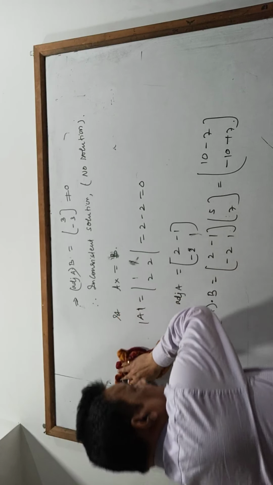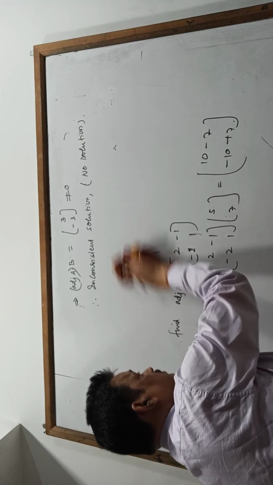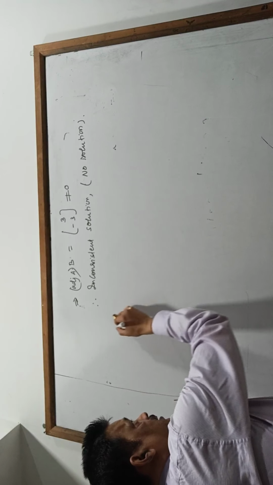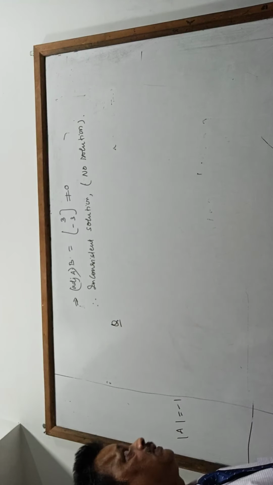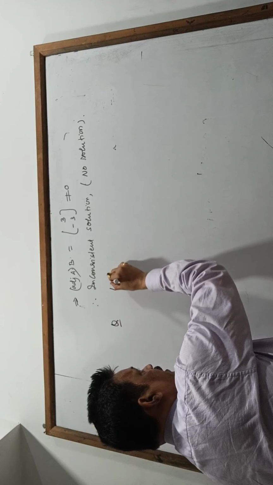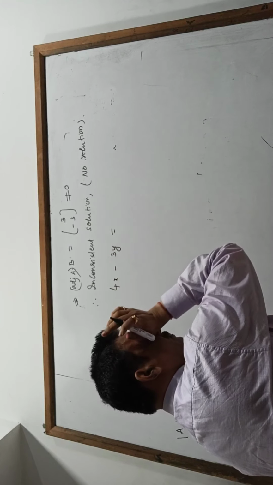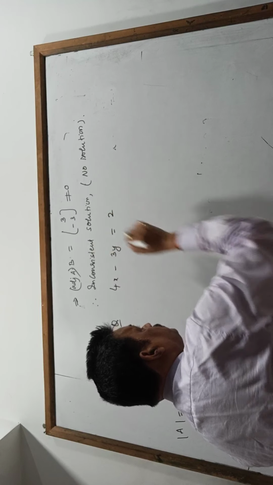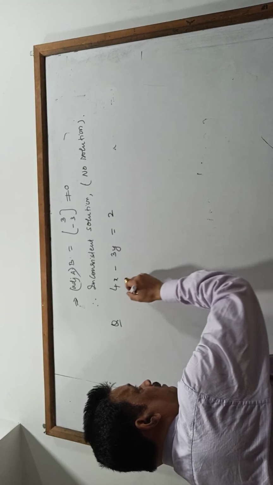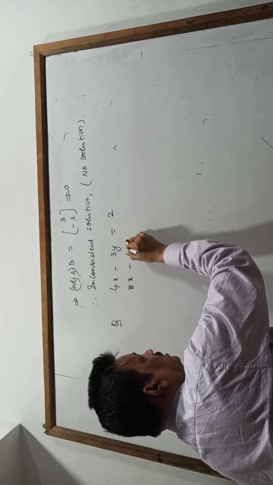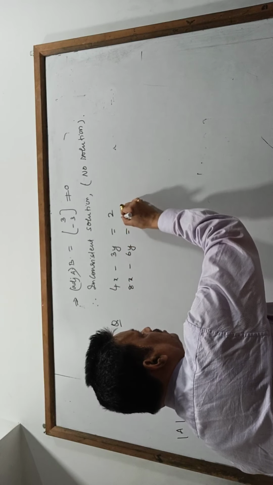Okay, then let's take one more. Let's take another question on this. 4x minus 3y equals, suppose 2, then 8x minus 6y equals 4.